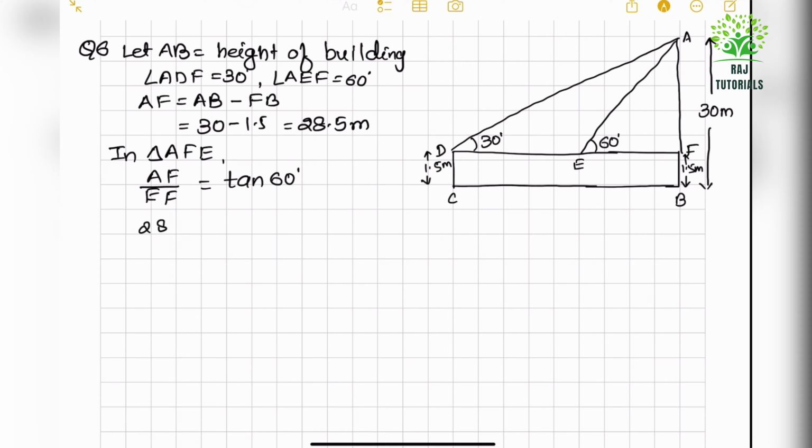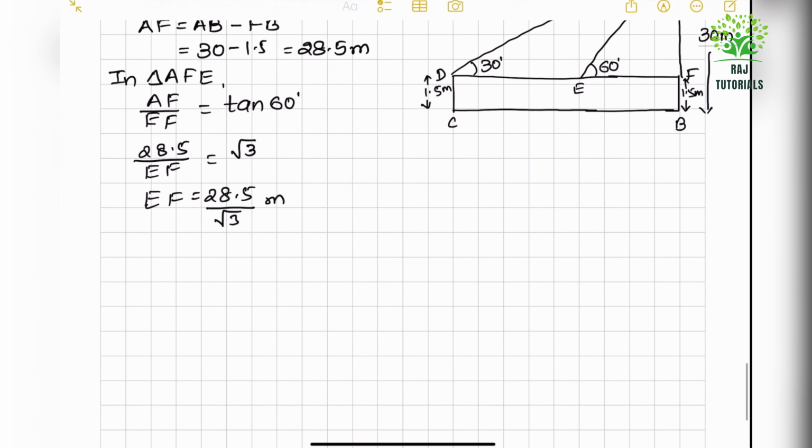Now in triangle AFE, AF upon EF equal to tan 60. So 28.5 upon EF equal to root 3. So EF equal to 28.5 upon root 3 meter.